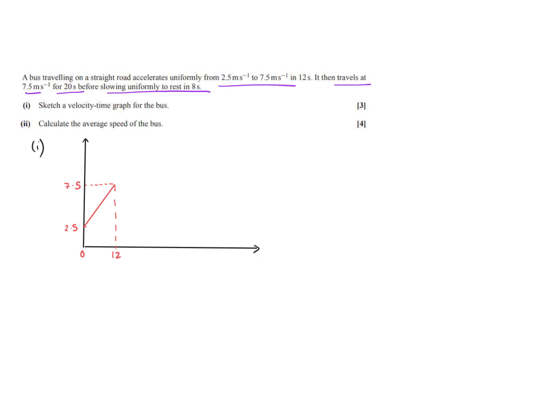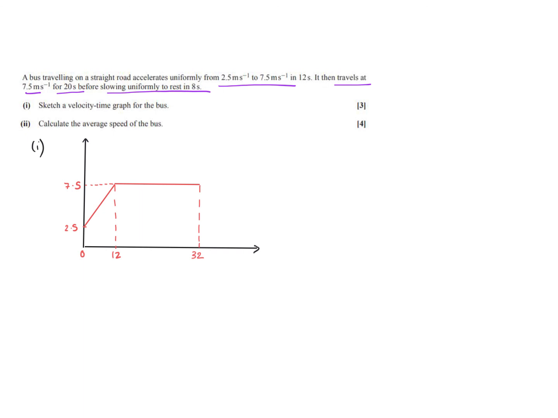Now we travel at this speed of 7.5 metres per second for 20 seconds. So I'm going to join that there. Now the constant speed of 7.5 metres per second is for 20 seconds, so this gives me 20 plus 12, which is 32 seconds, and then we slow down uniformly to rest in 8 seconds.